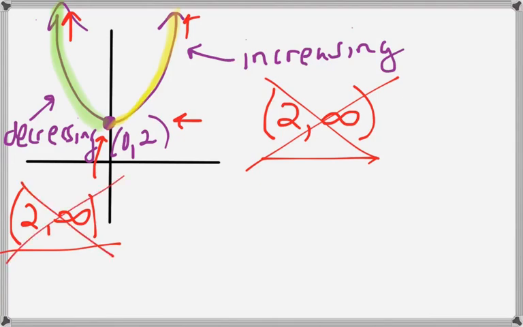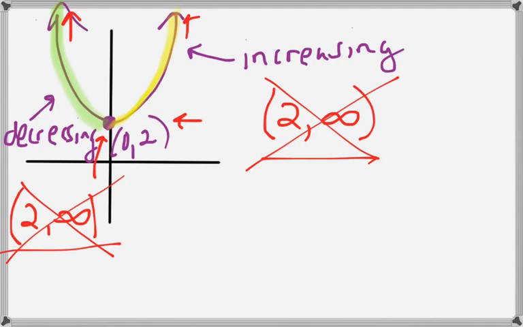If I'm asking you for a location and you give me a location, I should be able to find it on the graph. But in this case, it's hard to distinguish which piece is increasing and which piece is decreasing using the y values. So instead, we would want to use the x values because each x value will only show up once on the graph.